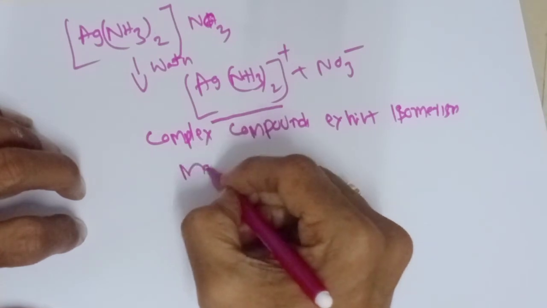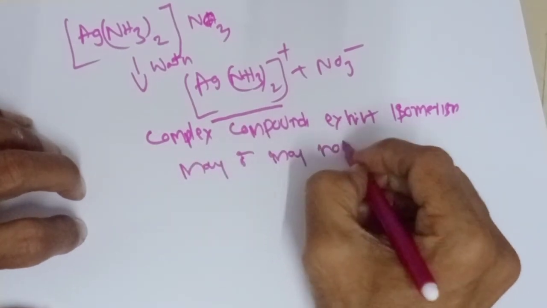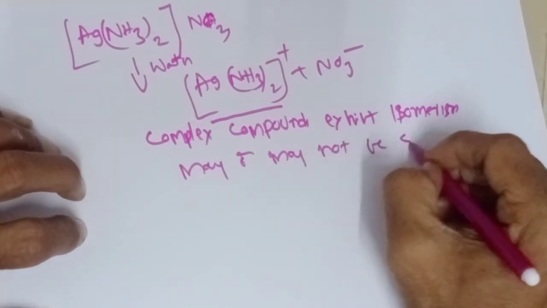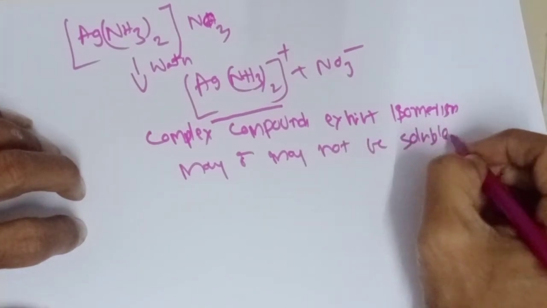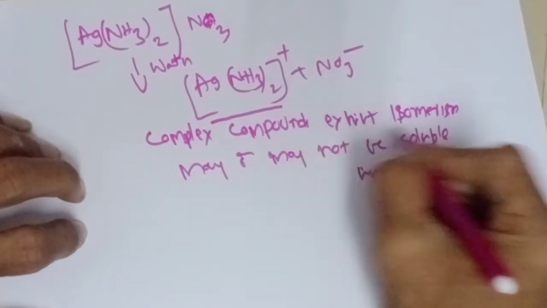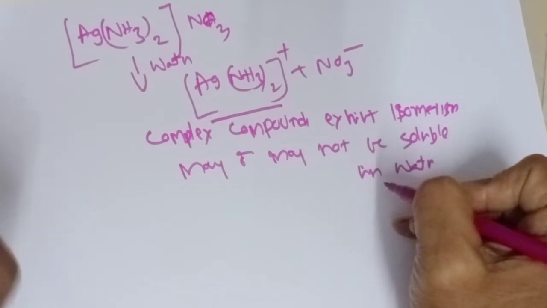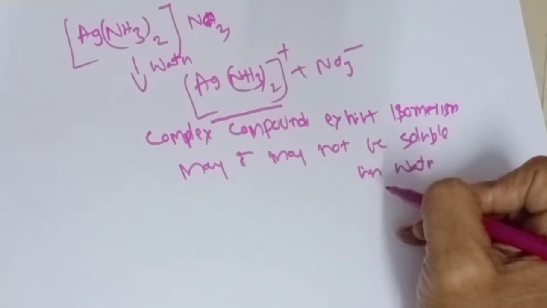They may or may not be soluble in water. నీటిలో కరగొచ్చు, కరక్కపోవచ్చు. ఐసోమరిజాన్ని ప్రదర్శిస్తుంది, ఐసోమరిజం చూపిస్తుంది. నీటిలో కరగొచ్చు, కరక్కపోవచ్చు.